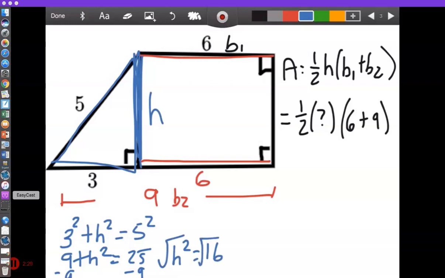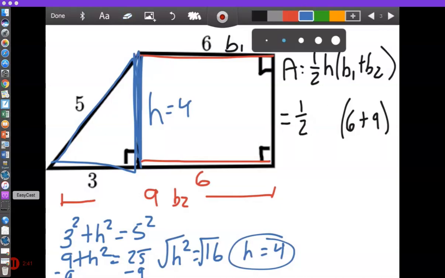The square root of 16 is 4, so h equals 4. So I do know what the height of the trapezoid is. It's 4.